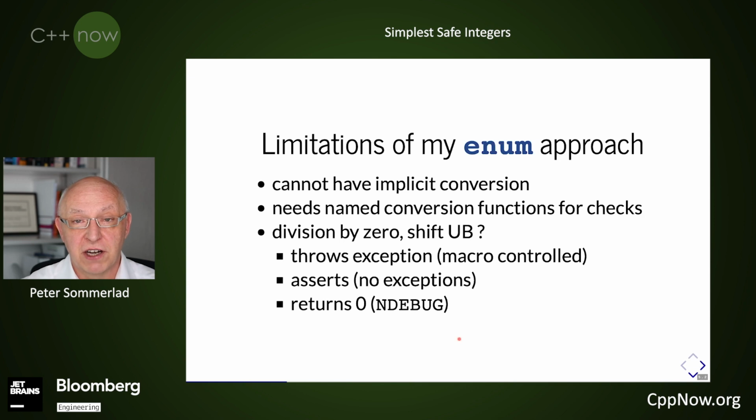The detection costs overhead, and I put that in deliberately, so you cannot silently divide by 0 and fall into a trap. But there are different options for how to denote the error, and I have chosen to provide three different ways: throwing an exception, having the good old plain asserts, or returning 0 if you're in production mode. That is a safe result, even though it's wrong. It's better than having undefined behavior or trapping the system.